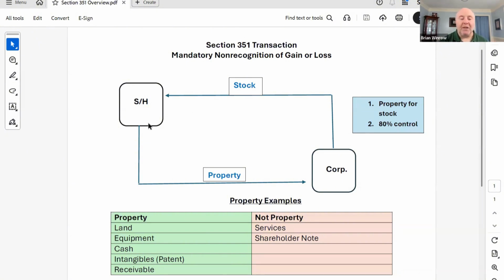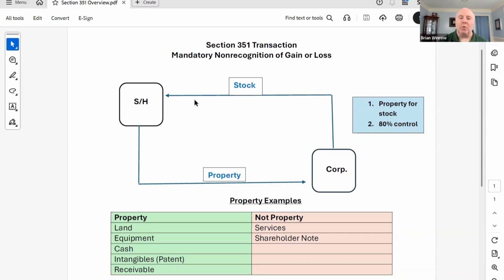Generally, the amount of stock that they're receiving is going to be the fair market value of the property that they're contributing. So if you put in property that has a fair market value of $10,000, then you're going to be receiving stock that's going to have a value of $10,000. So people usually want to be fairly compensated in that regard.